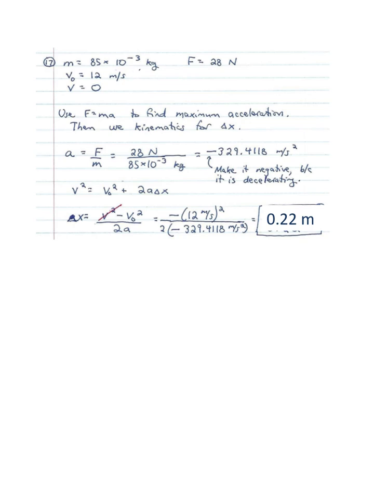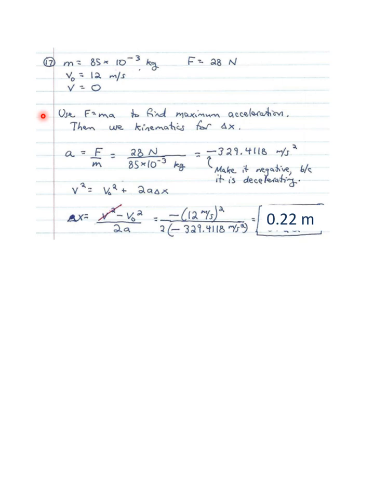All right, so here we have the mass of the egg. The maximum force is 28 newtons, and we're going to need some kinematics to figure out the maximum distance that it can fall. But here's the information as it's given.